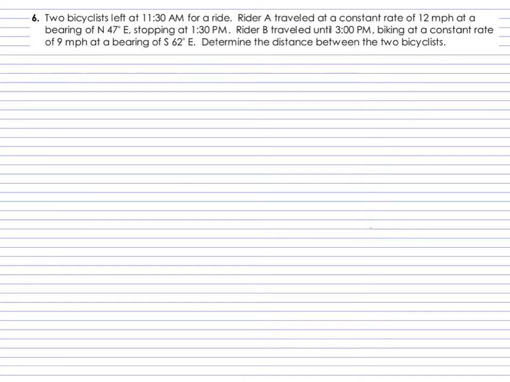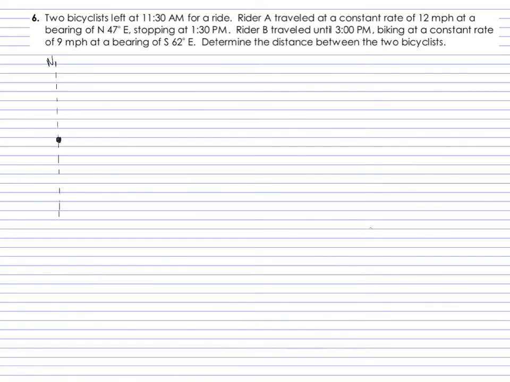All right, so again, I'm going to help you with the drawing, and then I'm going to let you guys try to do the rest of the workout on your own. So the first thing I'm going to do, because we know that each of these are traveling off of both north and south, but in the east direction, I'm going to put in a vertical line so that I can go to the east for both bicyclists.